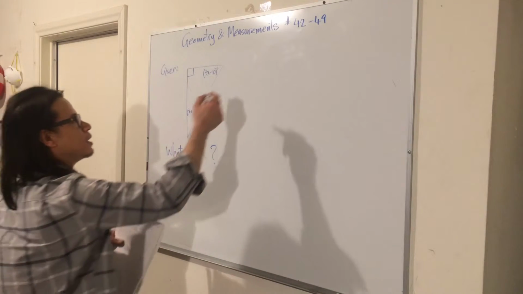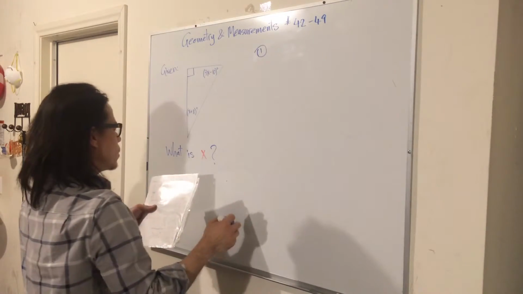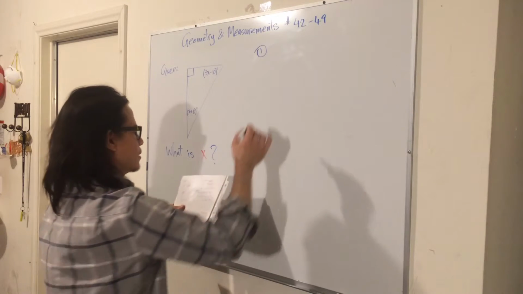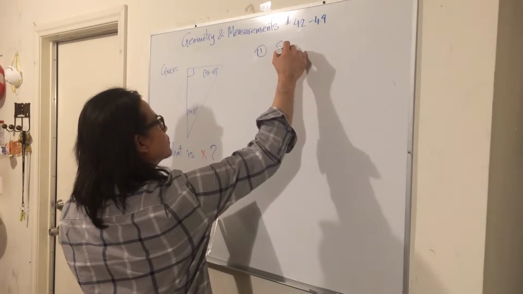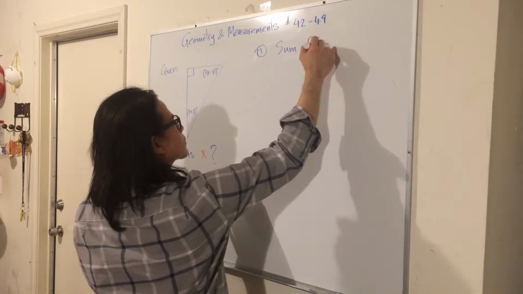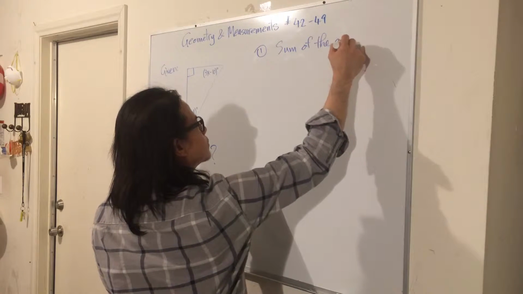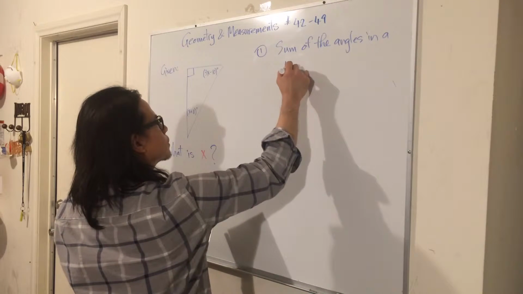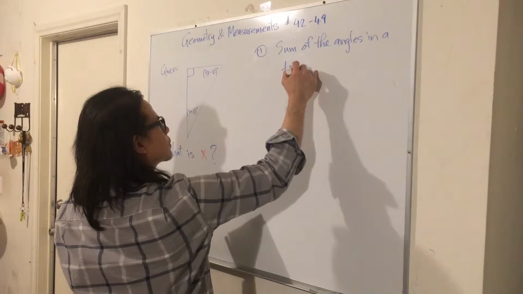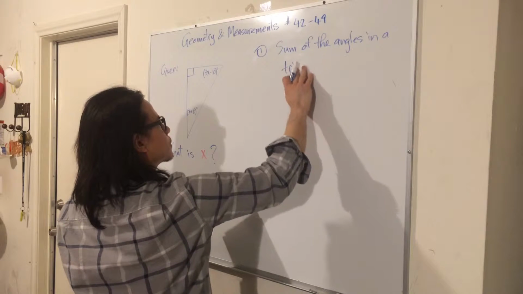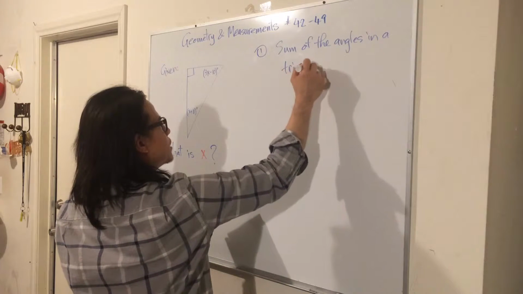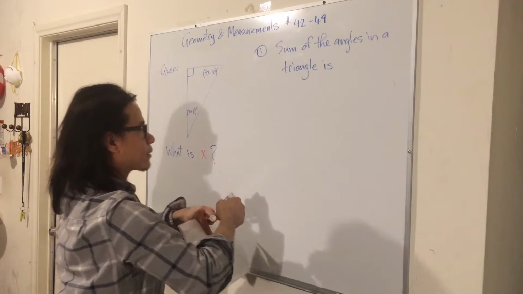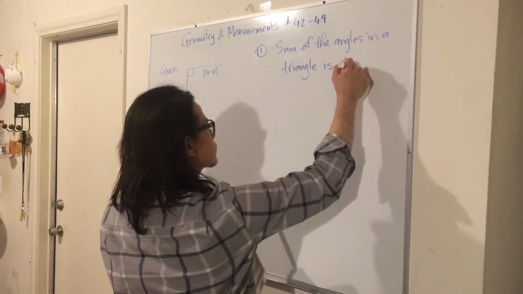So in order to solve this, step one, we're going to need to agree that the sum of the angles in a triangle is what? 180 degrees, right? So let's make a note of this.